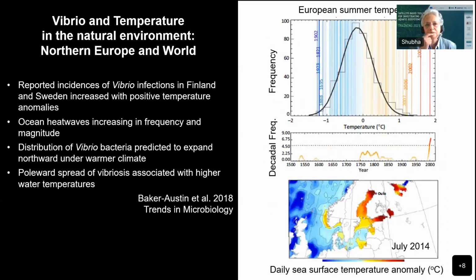In another very interesting study, Baker-Austin and colleagues showed that there is an increasing incidence of Vibrio-related hospitalizations, I think, in Northern Europe, and that there was a strong relationship between anomalies in sea surface temperature and incidence of Vibrio infections in Finland and Sweden.